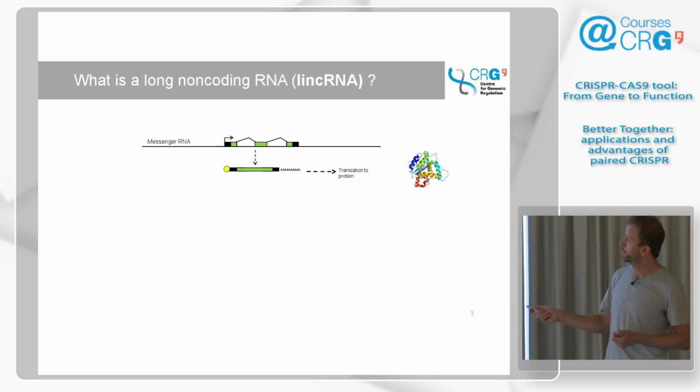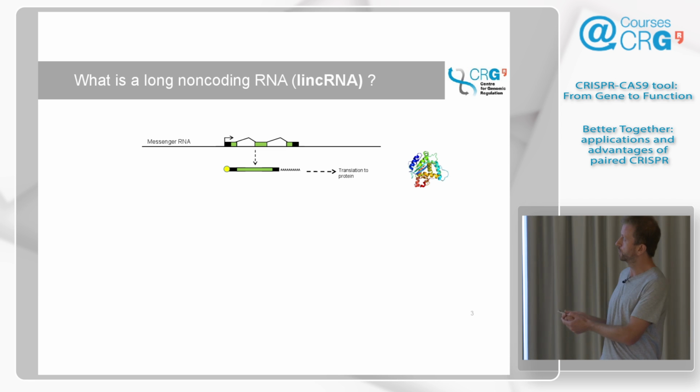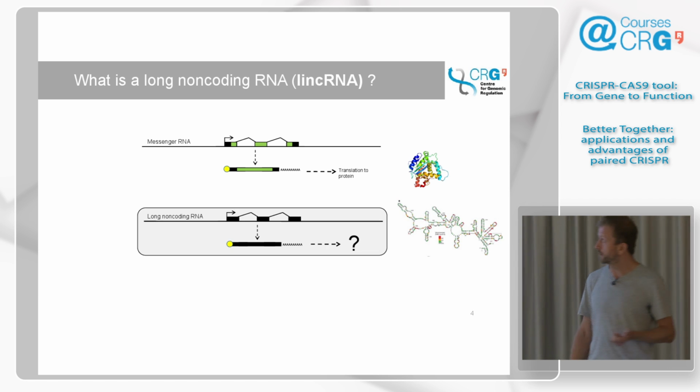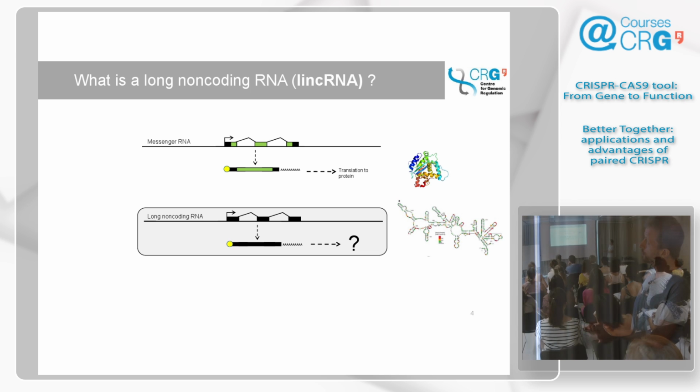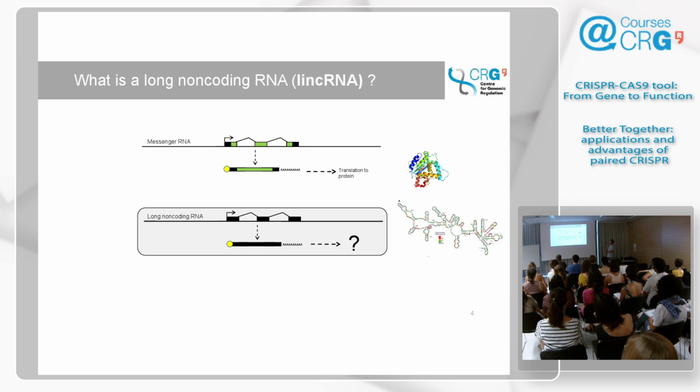So long non-coding RNA, well first this is a messenger RNA which we're all familiar with. This thing is spliced, it has a promoter, and of course what's important about these, and we'll come back again to that point, is they have an open reading frame which encodes protein. Long non-coding RNAs, for those of you who don't know, look very similar to a messenger RNA.